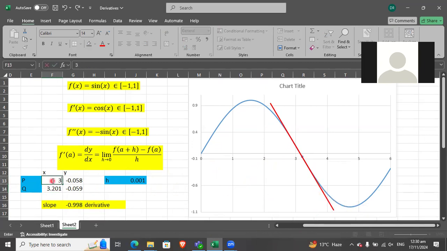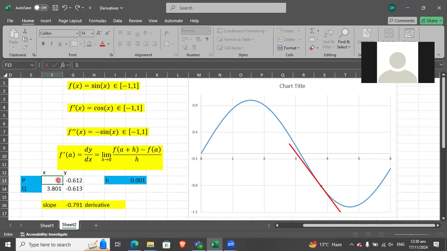Similarly at 3.4, it is again getting below the curve. Then at 3.6, yes, now it becomes clear, and as we go further it becomes clearer and clearer, at 3.8.